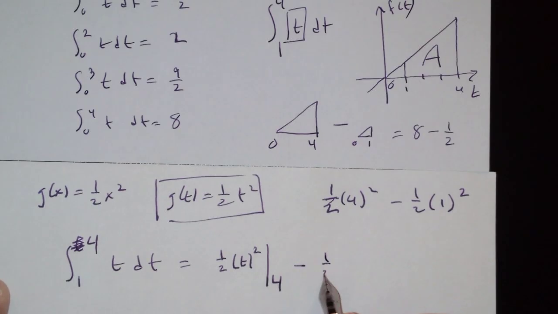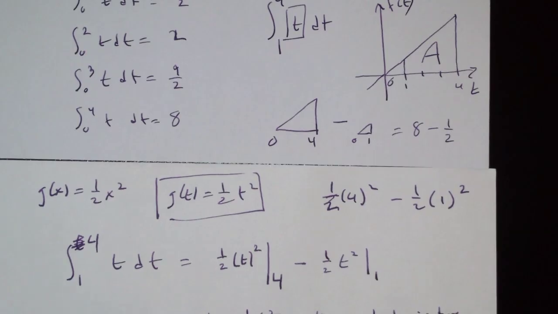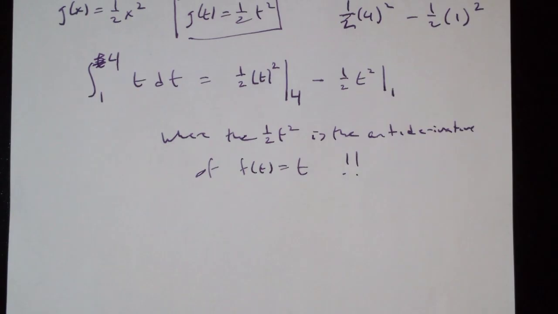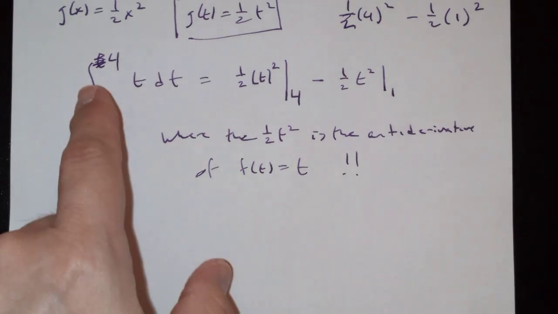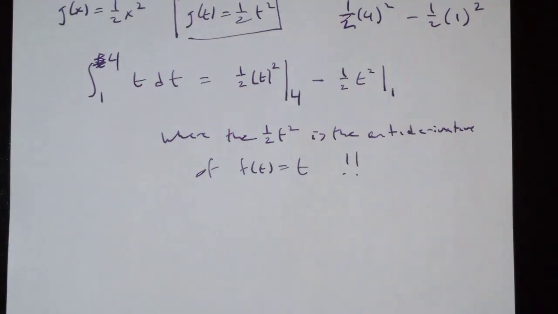And then I do the same thing at 1. So just like our derivative of an integral canceled the integral out, our derivative is undoing an integral. That means an antiderivative does an integral.